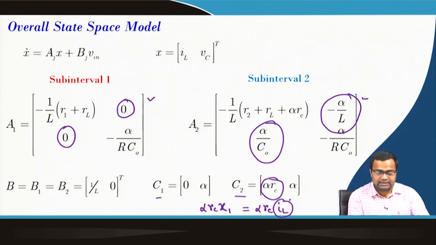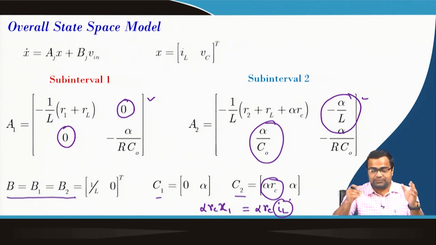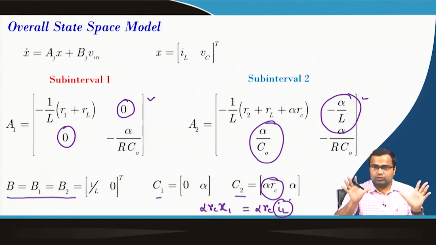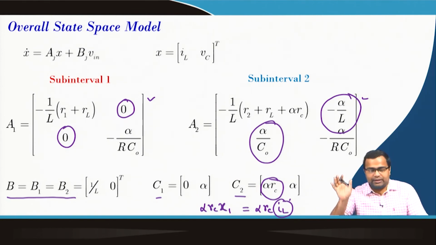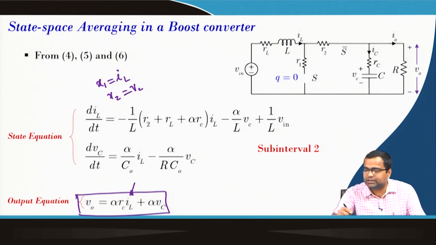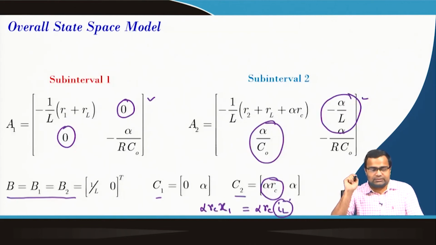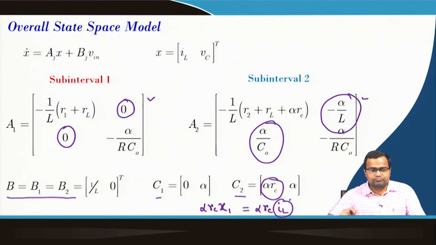But interestingly, here the B1 and B2 matrices are common, because in a boost converter the input voltage is connected all the time. Whether the switch is on or off, it is always connected. You see, the input voltage is never disconnected from the inductor side. So, the B matrix will always be the same in this case, but the A matrices are different.